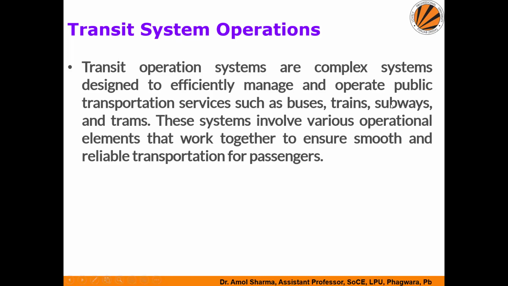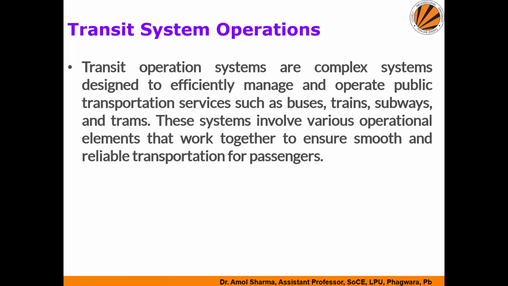So, in that particular urban setting, the transit operation systems are complex systems which are designed to efficiently manage and operate public transportation services, for example, buses, trains, subways, and trams.